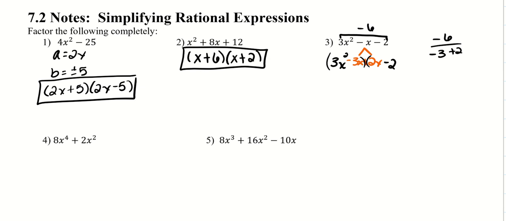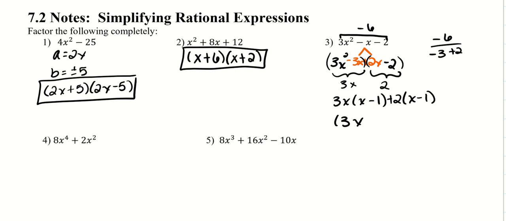So if I group these together, I can factor out a 3x here and a 2 here. So I get 3x times x minus 1 plus 2 times x minus 1. So those are the products of the distributed factor. So if I bring these together, I get 3x plus 2 and x minus 1.